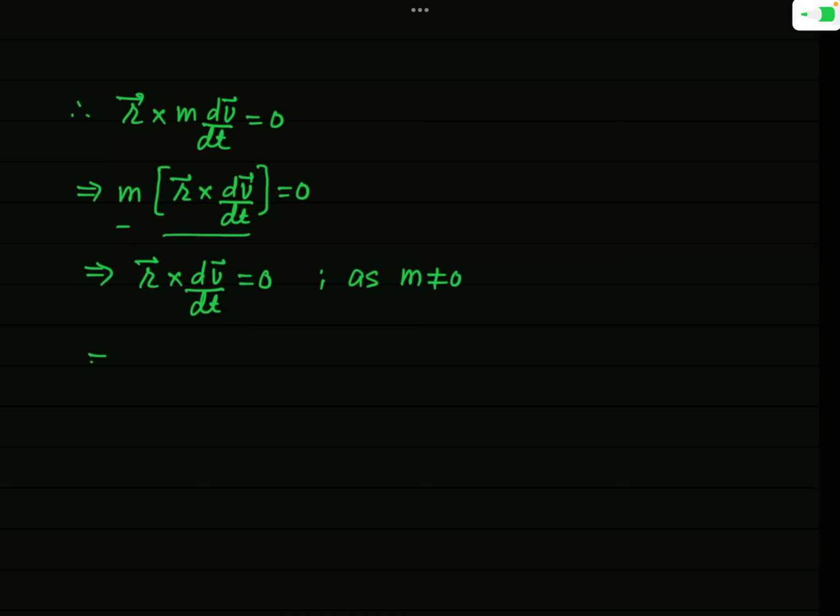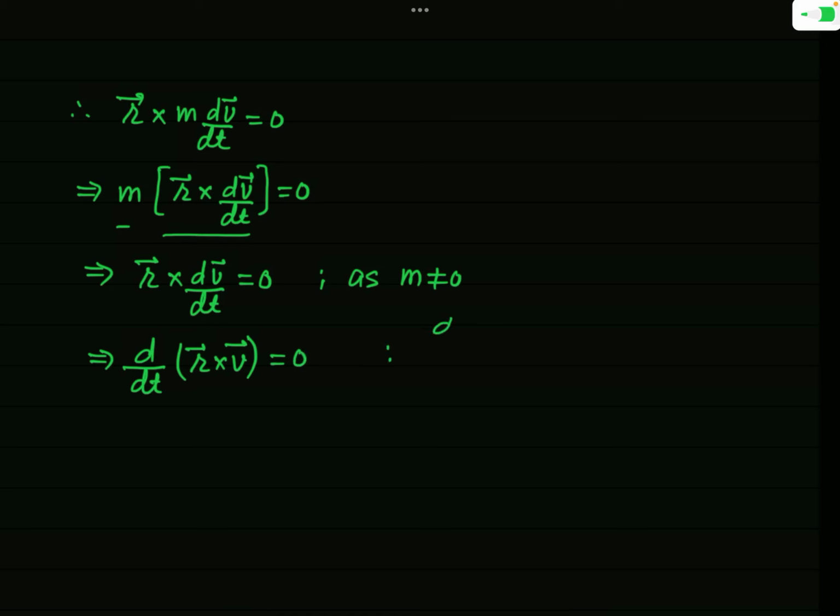Now we can write this expression in this way. This may be written as d dt of R cross v. How can you write this expression as d dt R cross v? You can understand it. See here.